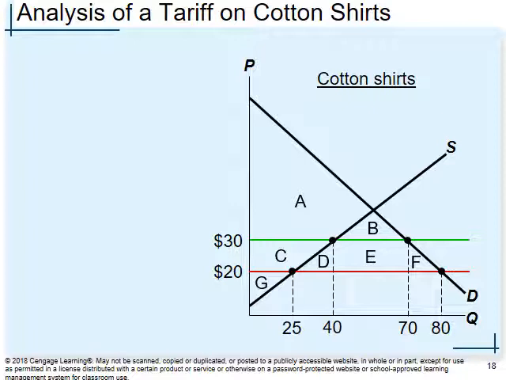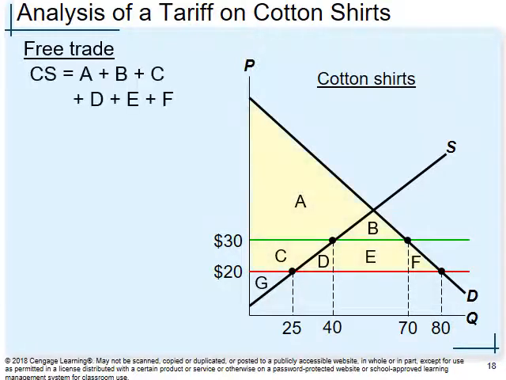Okay, now we will see what happens to consumer surplus and producer surplus in the case of a tariff. So let's see what happens in the case of free trade before the tariff.